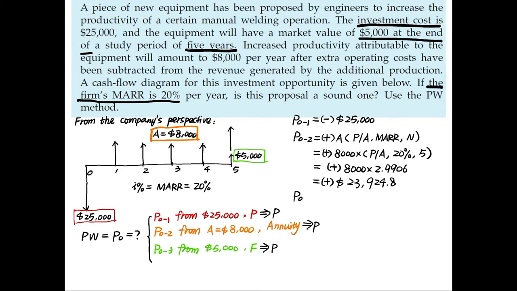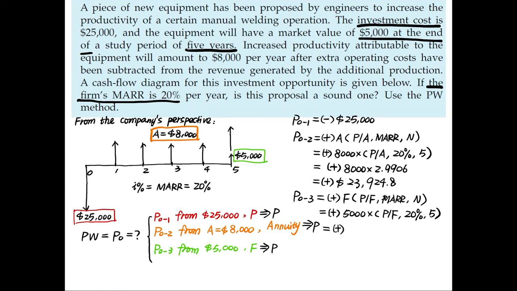Next let's calculate P03, the third part. Still, it's a receiving of 5,000, so it's positive, and it's to find the present value given the future value. So the equation is F times the factor P/F, MARR, N. So positive 5,000 times the factor P/F, 20% and 5.